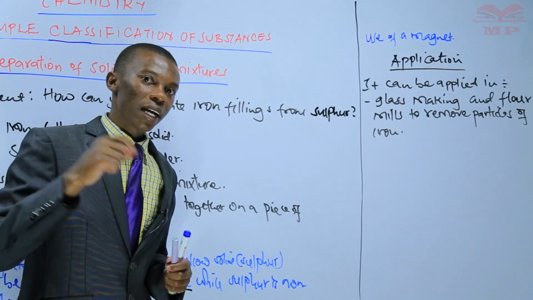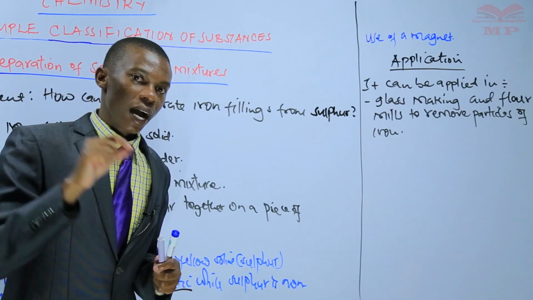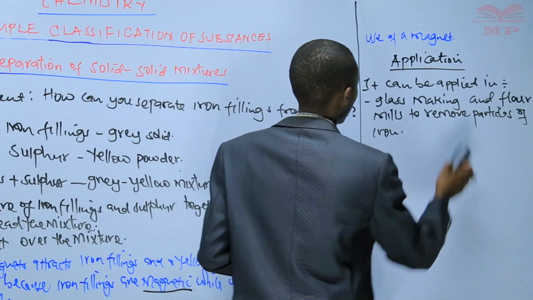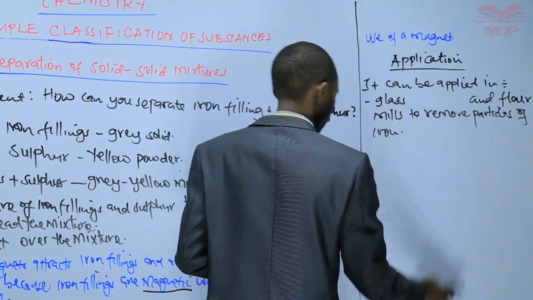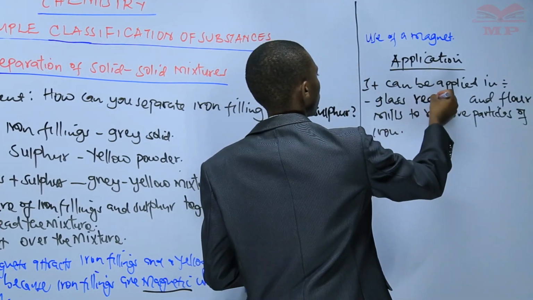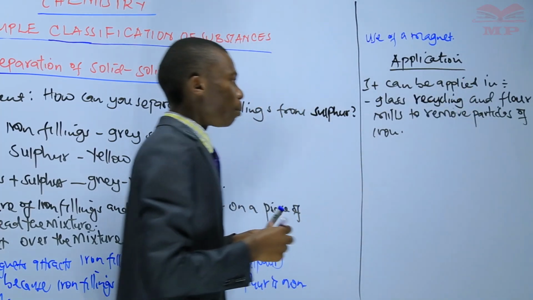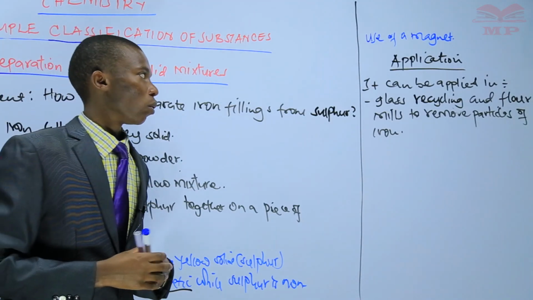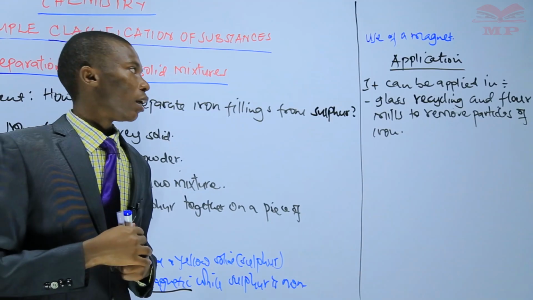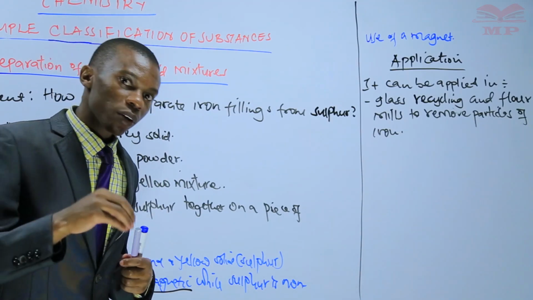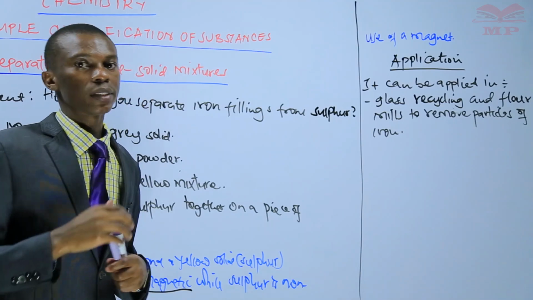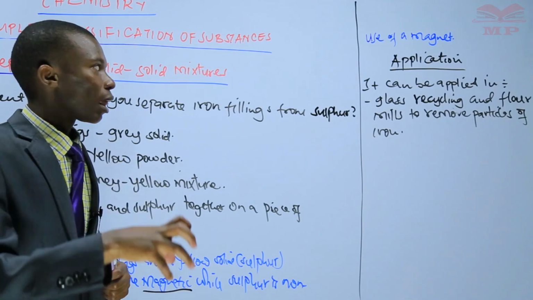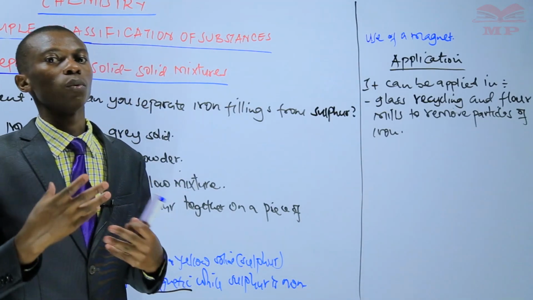Therefore, if there are impurities of iron inside that glass, or in glass recycling, where you take some pieces of glass and recycle them to make a better glass or some other form of glass, and there are some iron particles inside, then the magnet will be able to attract all the iron particles from that glass, and therefore this glass will be free of iron particles.